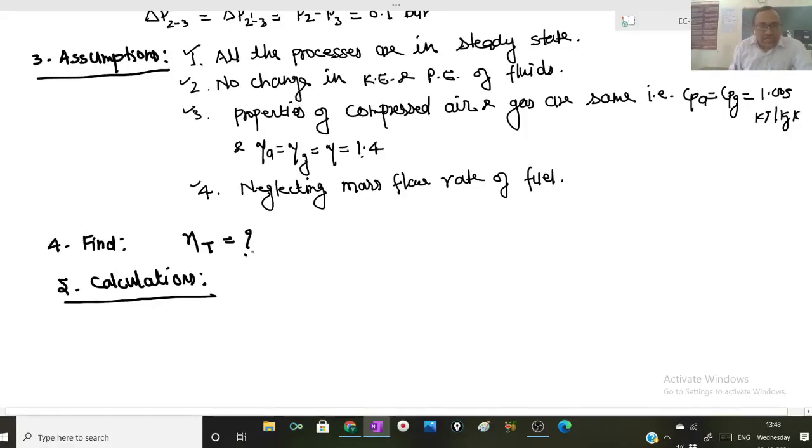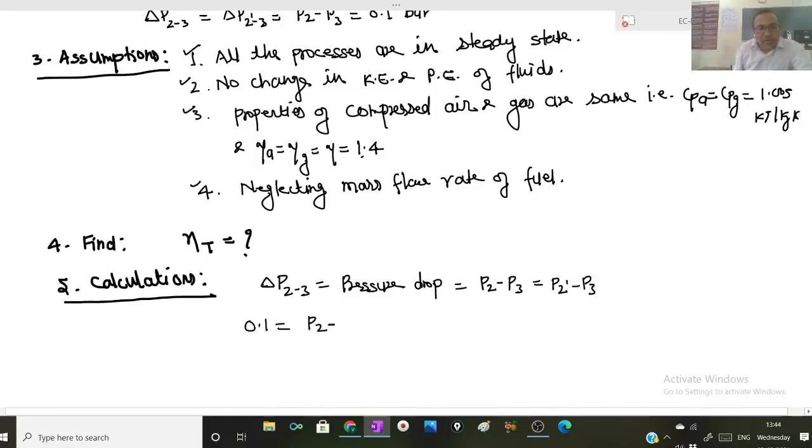So first, let us consider the pressure drop during the process. It can be calculated as P2 dash minus P3. The pressure drop is 0.1 bar.